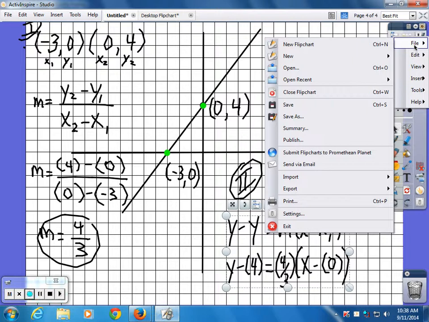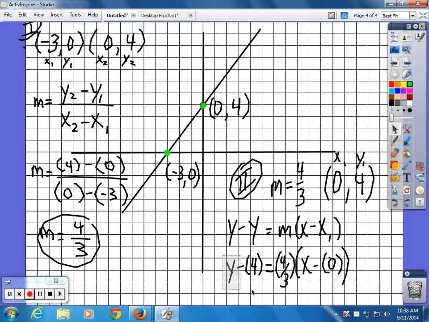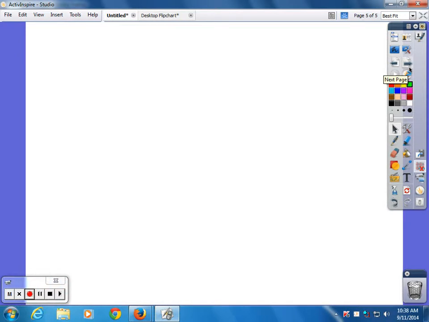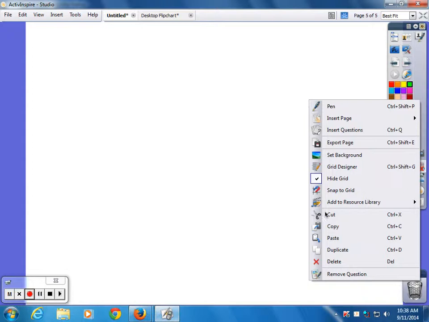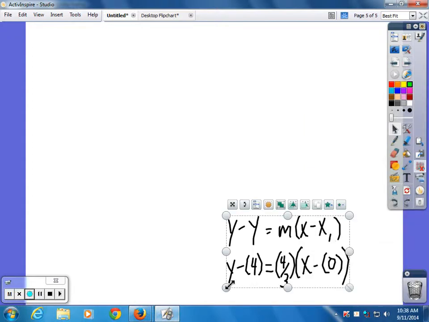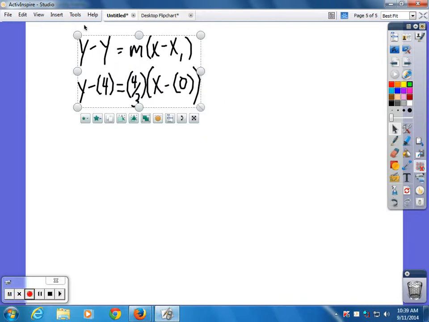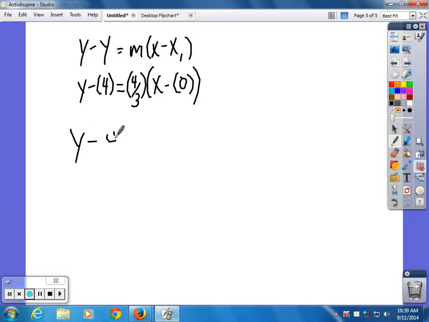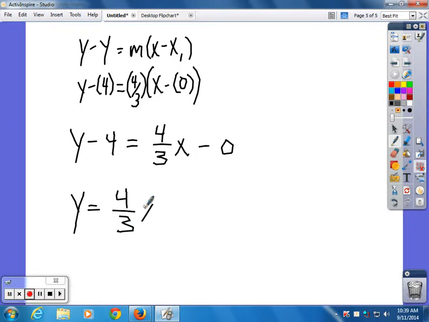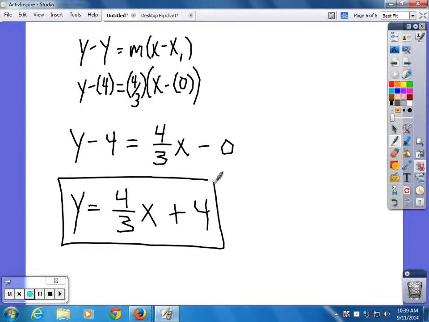All right, so there's our formula. y minus 4 is equal to 4/3 x minus 0. And then y is equal to 4/3 x plus what?